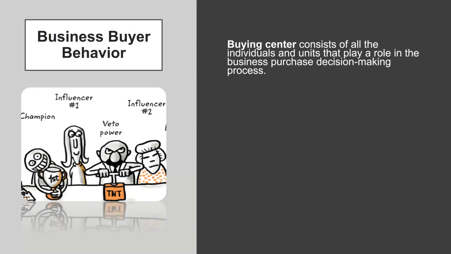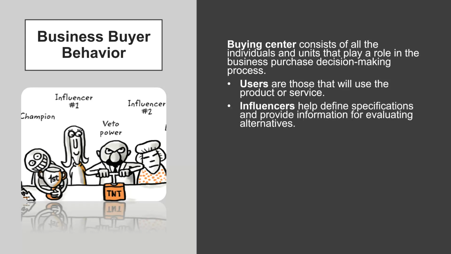Let's go into a little bit of a deeper dive into who the buying center is. With Patty, she's a small business. It would mostly be 1 or 2 people. But what if it's a larger corporation or a larger business? Well, it consists of a lot of different people and a lot of different business units. Usually there's a user. So in a large corporation, let's say that you need to buy a computer. Well, every employee is going to need a computer, but each employee isn't going to go out and buy a computer on their own.